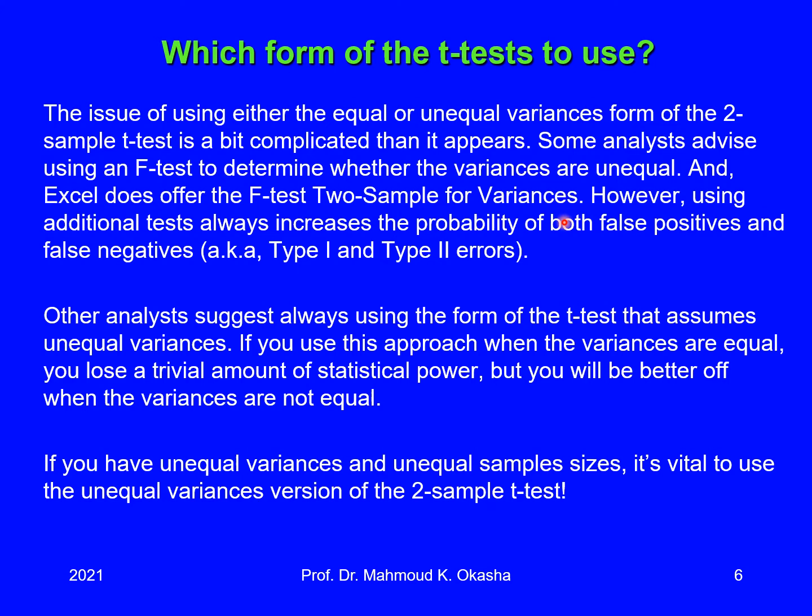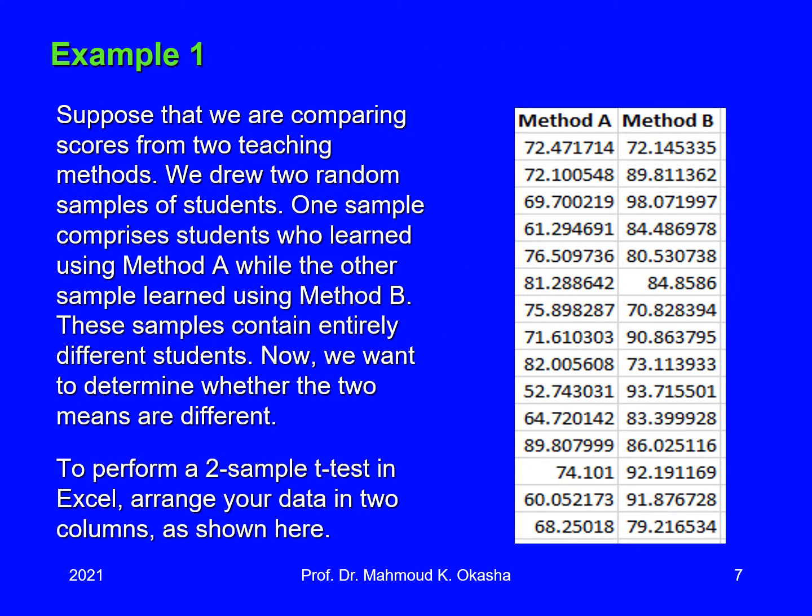As I said before, it is better to always assume that the variances are not equal and conduct the test using that assumption. So it's safe and you do not lose a lot to assume that. So we agree to use the unequal variances.